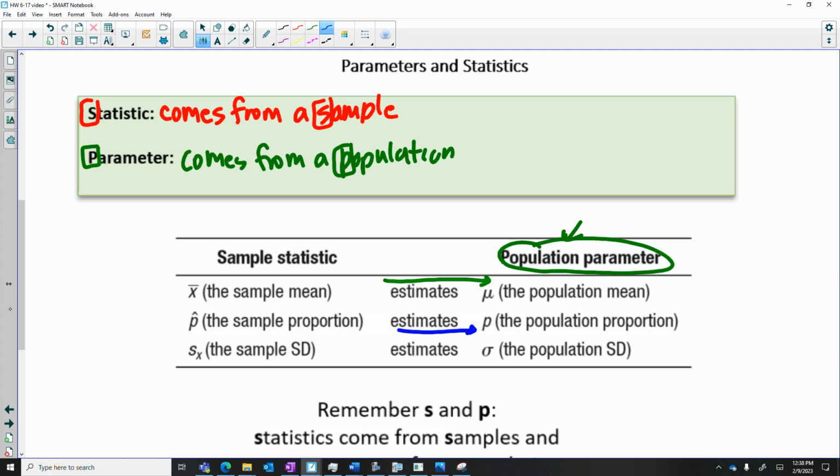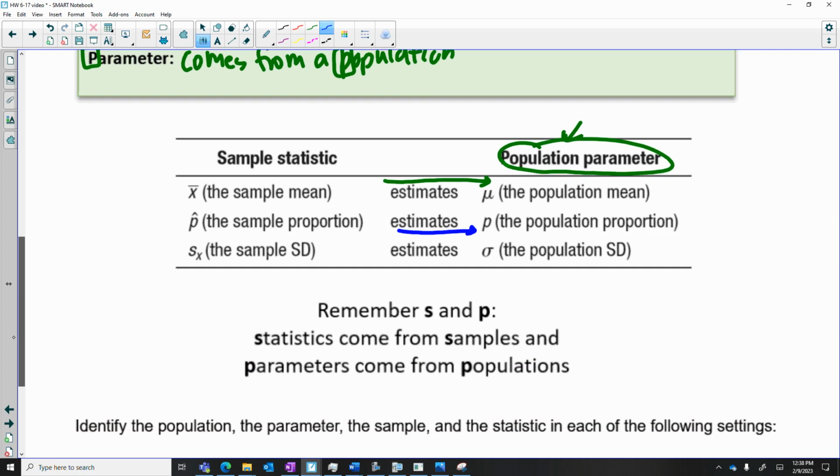So the symbols that you're going to see that are most common that we use in the next couple of months are, for the sample mean, the symbol x bar. That means it came from a sample, okay? But as soon as we're talking about a population, instead of using x bar, we're going to use the symbol mu. And earlier this year, you may have seen both x bar and mu, and you probably have been saying, why is she using x bar sometimes, and then other times she's using mu?